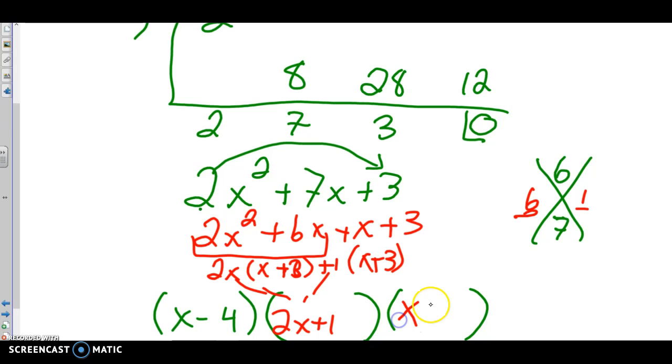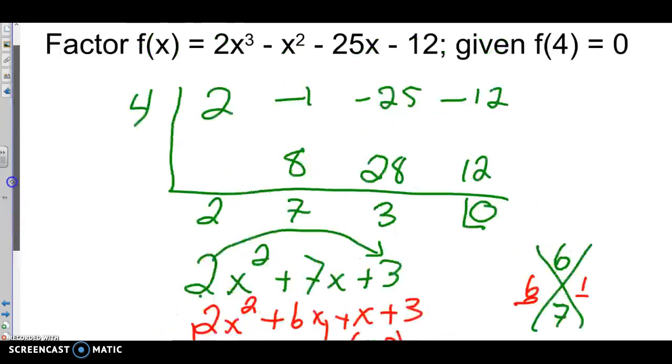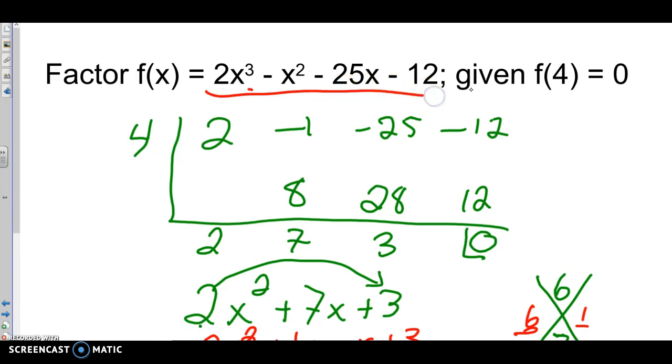Keep one of my inside, x plus 3. And those get me my 3 factors of my original cubic polynomial. Whatever is the highest degree is going to let me know how many factors I'm going to have. So if it's quadratic, I'm going to have 2, cubic 3, to the 4th degree 4, and so on and so forth.